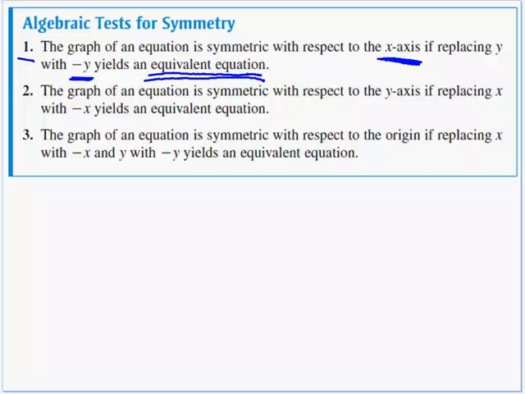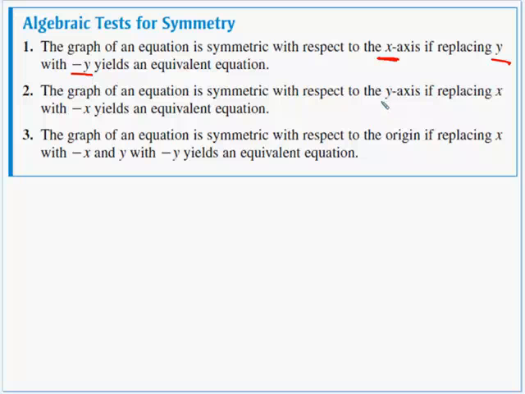Number 2, the graph of an equation is symmetric with respect to the y-axis if replacing x with negative x yields an equivalent equation. I like to think about it as: if you're checking the symmetry of one axis, you're messing with the other variable. Here we were checking for x-axis symmetry, so we were playing with the y variable and replacing it with negative y.